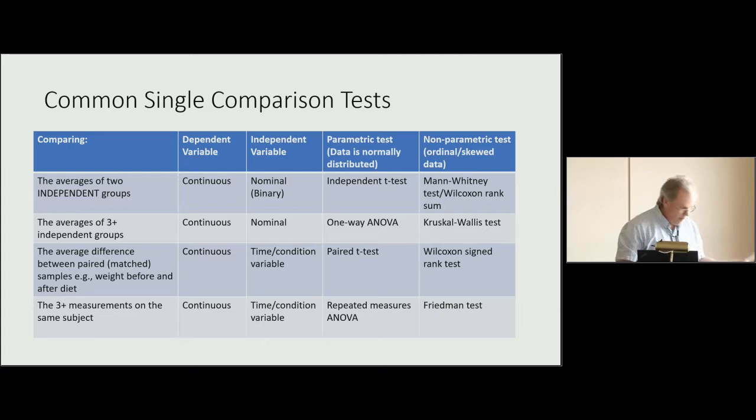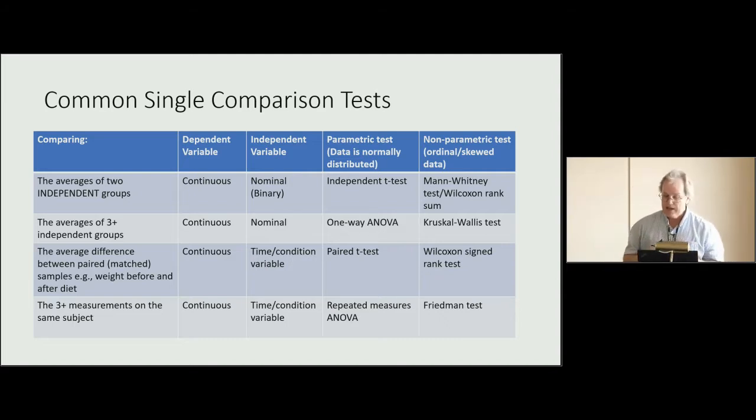So here are common single comparison tests. Typically, we want to compare the averages of two independent groups. Patients got treated or didn't get treated, for example. Our dependent variable is continuous. Our independent variable is nominal. In fact, it's binary. There are only two mutually exclusive groups.